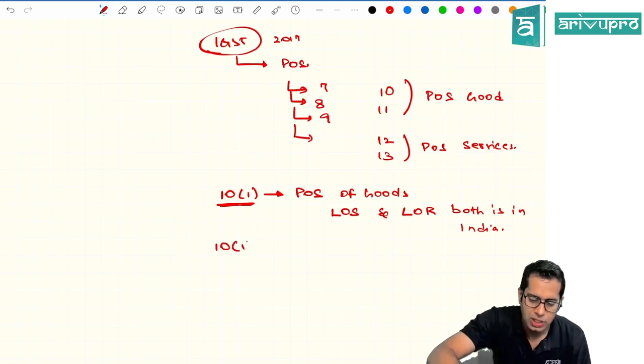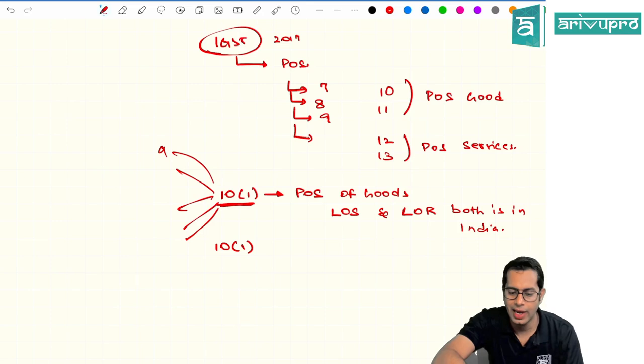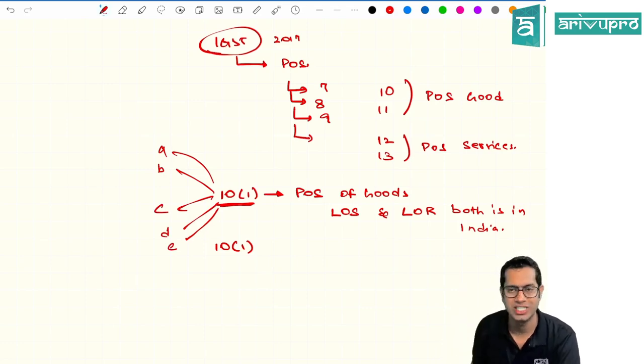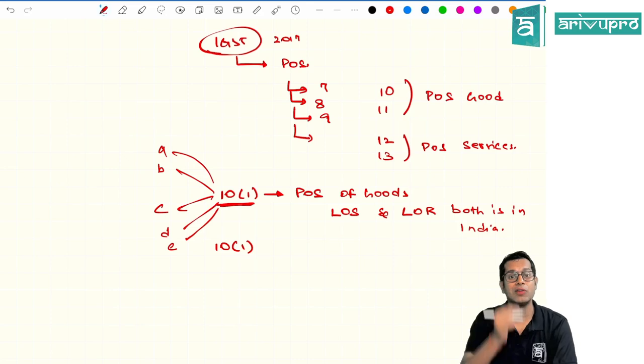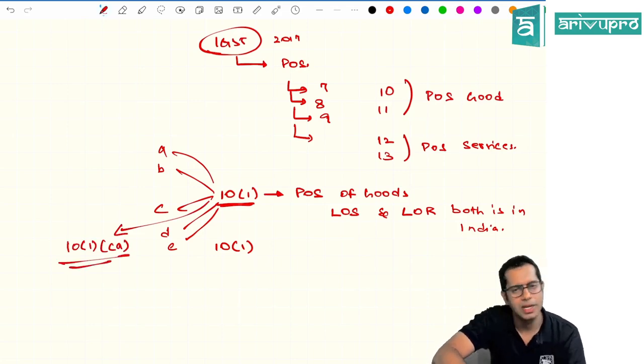Section 10 subsection 1 had totally 5 items: clause A, clause B, clause C, clause D and clause E. Now they have added one more item called section 10 subsection 1 clause CA. New item has been added.